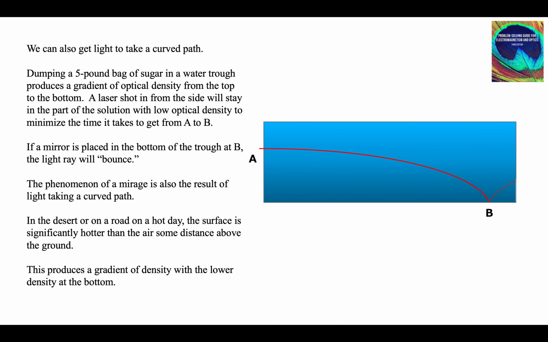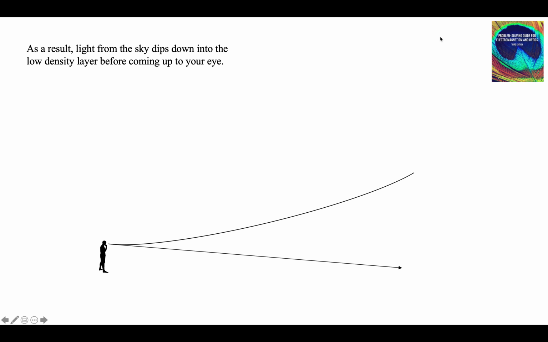The colder air up high has high density. So it's a reverse gradient. It's different than the sugar. So the light dips down into the low density layer before coming up to your eye. Light from the sky goes down into this low density layer like this. So here's the light traveling to your eye. Comes down, then it goes up to your eye.